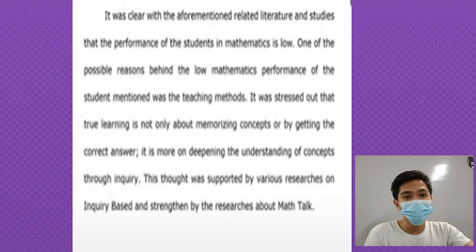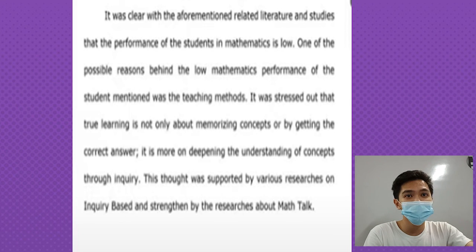In the last paragraph of an RRL is what we call a grand synthesis. So in this synthesis, it stated that it was clear with the aforementioned related literature and studies that the performance of the students in mathematics is low. One of the possible reasons behind the low mathematics performance of the students mentioned was the teaching methods.